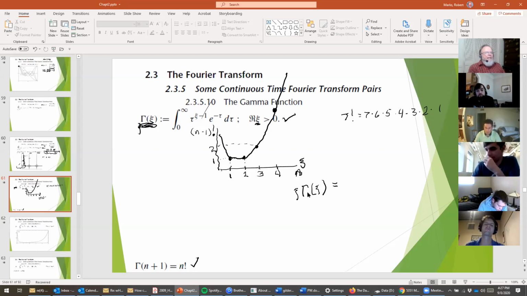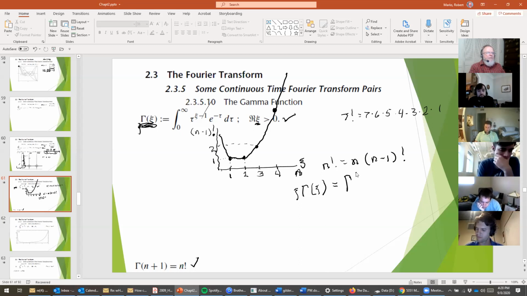First of all, isn't n factorial equal to n times n minus 1 factorial? Yeah, the answer is yes, obviously. Well, in a similar fashion, c times gamma of c is equal to the gamma function of c plus 1. So we have this recurrence relationship also.